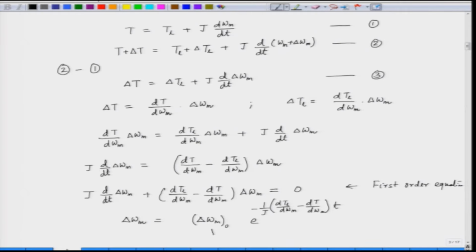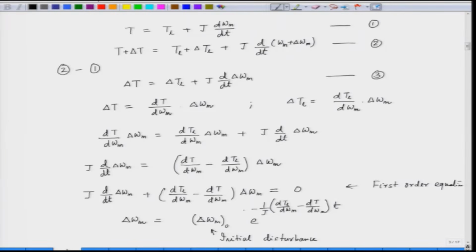Now, this is the initial disturbance. If we have disturbed the speed by delta omega m naught, finally the speed disturbance should be 0. If we disturb the speed and leave it like that, it should again come back to the original equilibrium point, which means delta omega should be equal to 0 as t tends to infinity.